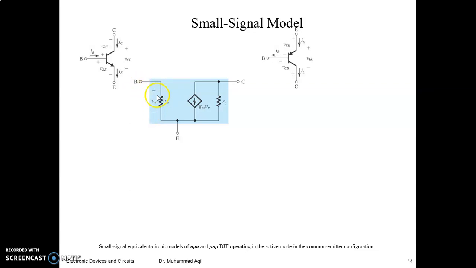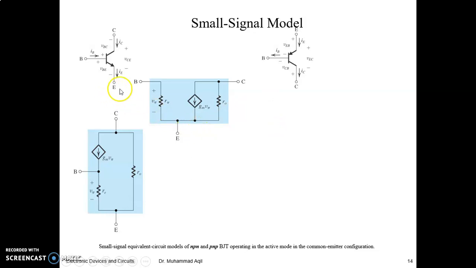The voltage across this R pi is V pi or VBE, and the collector current is equal to gm VBE. And gm you already know, IC over VT. We have derived the relationship and drawn the curves, and this is the early effect resistance R naught.